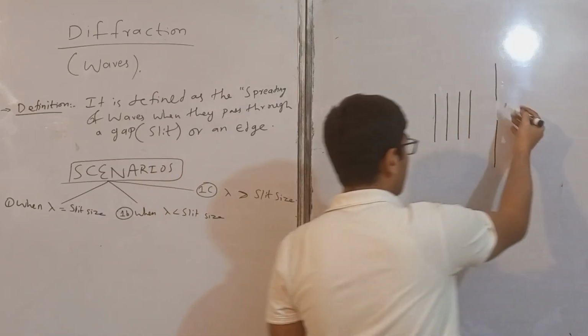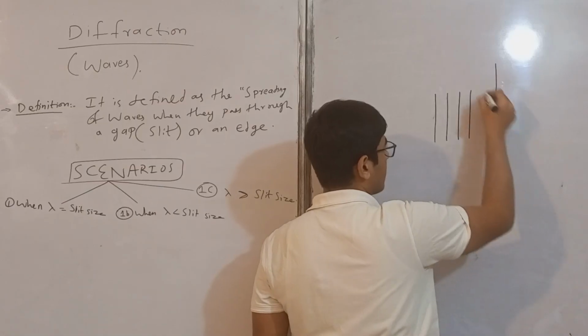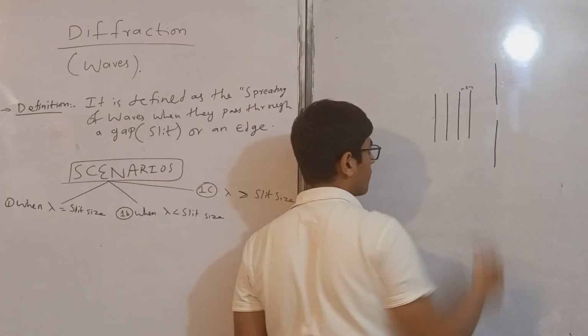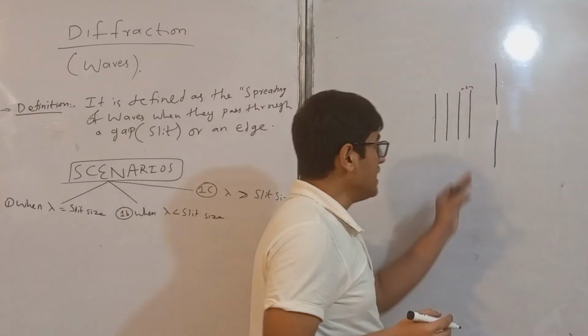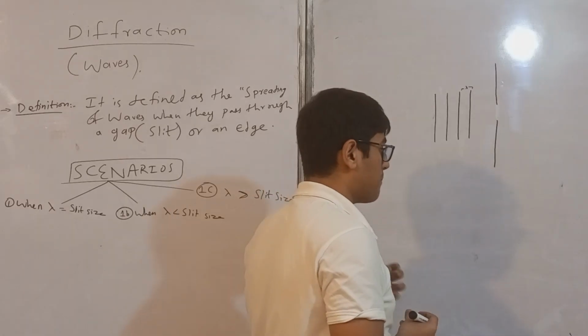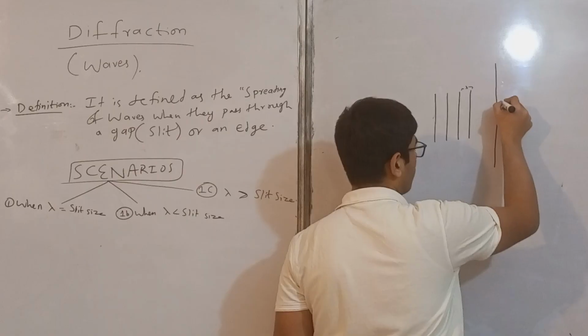Let's assume that the gap size here is equal to this lambda, and when these waves diffract from this gap, which means they pass through this gap, they will start to spread in a curvature form.